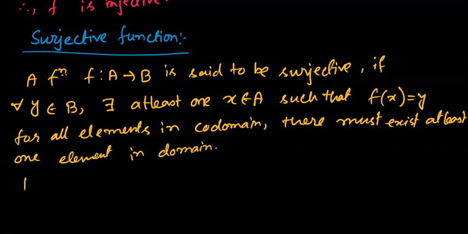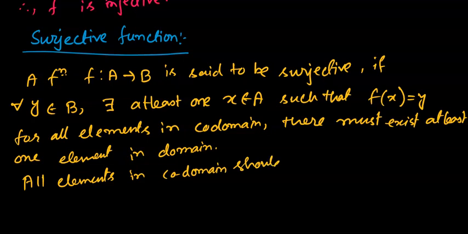So all elements in codomain should have at least one pre-image.